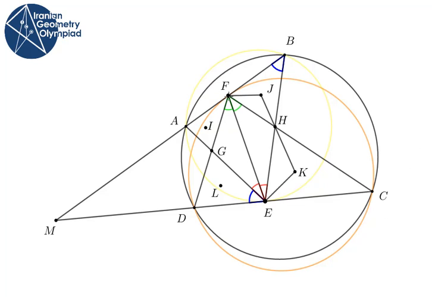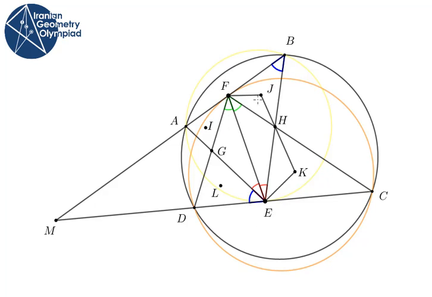We know that angle FJH is 90 degrees plus half of this angle. And the angle FEK is half of the angle AEC, because EK is angle bisector of HEC and EF is angle bisector of HEA. So we know that FEK plus half of this blue angle is 90 degrees.